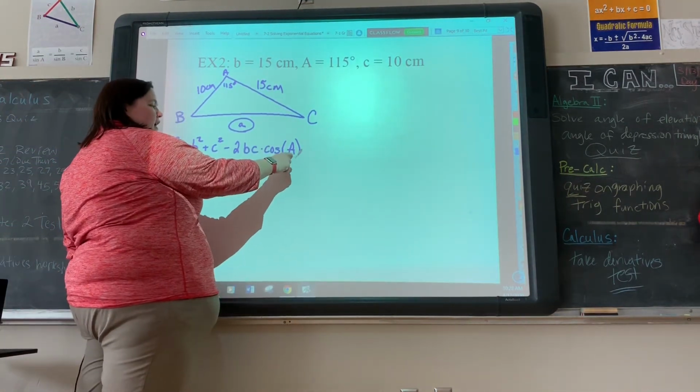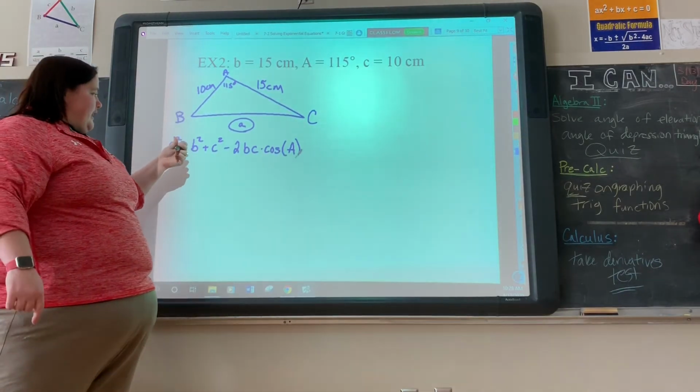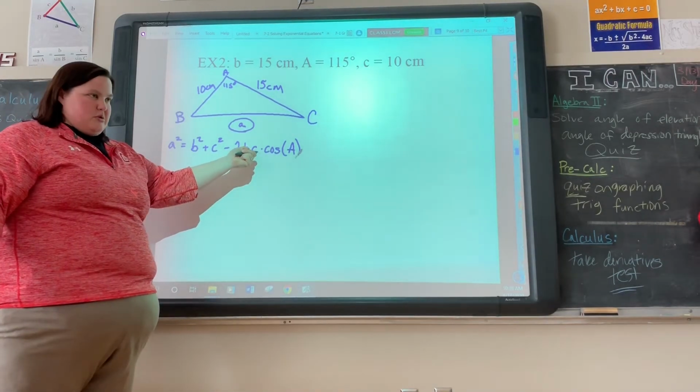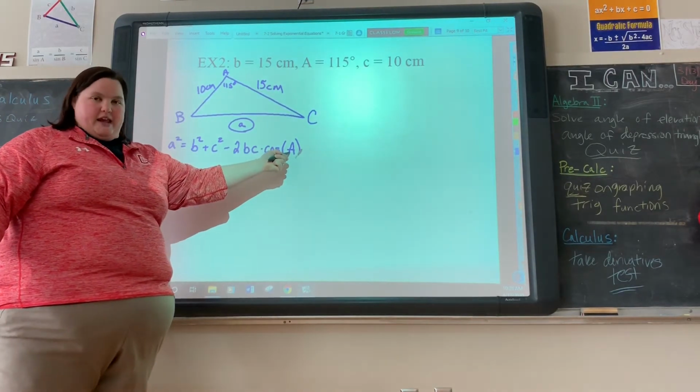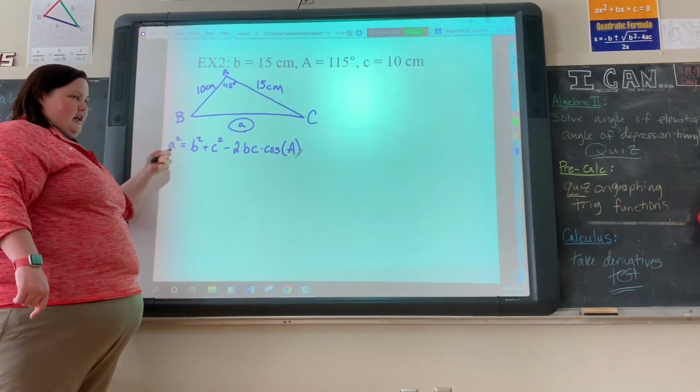So since I know angle A, I have to use that first one that's listed. So I know all of these things. I know little b, little c for those spots, and I know big A. The only thing I don't know from this part of the formula is this little a squared.